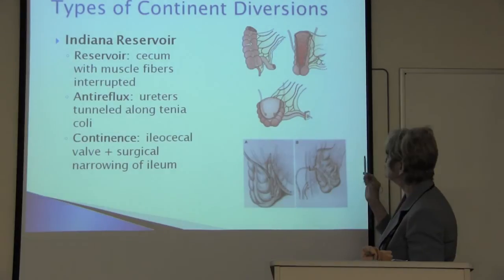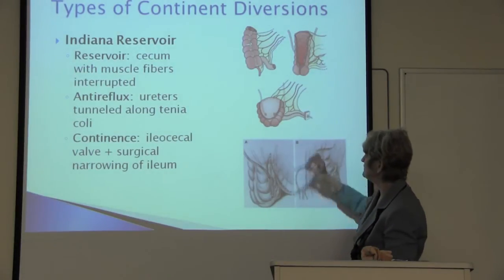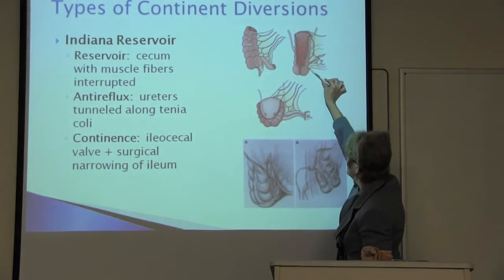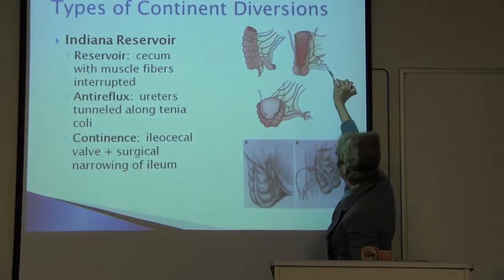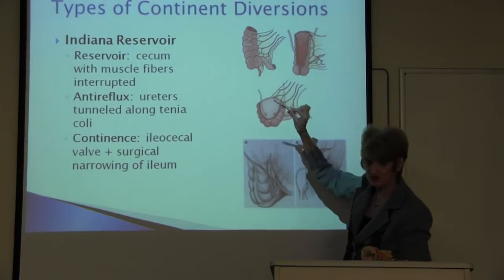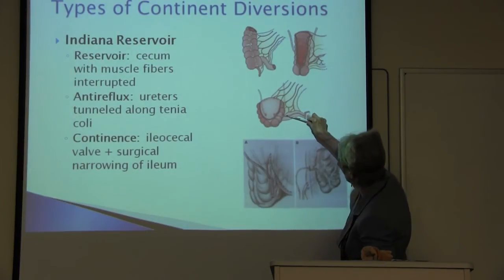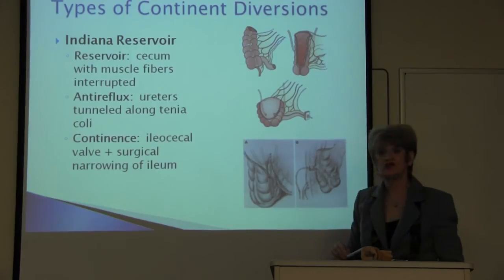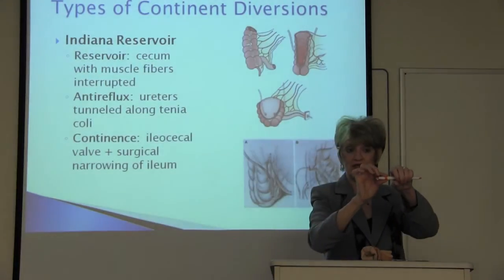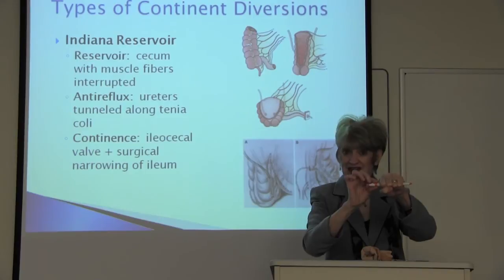Now, to strengthen that continence mechanism, what the surgeon does during surgery, he will pass a narrow tube through the section of ileum. So this is the section of ileum that's going to create the stoma, and that's also going to create additional support for the continence mechanism. So you see this suture line here? What they're trying to show you is that the surgeon will pass a narrow catheter into the ileum, and then he will pleat or taper the ileum around that catheter.